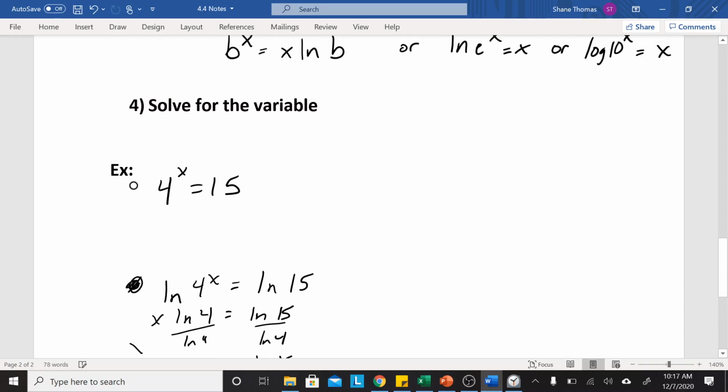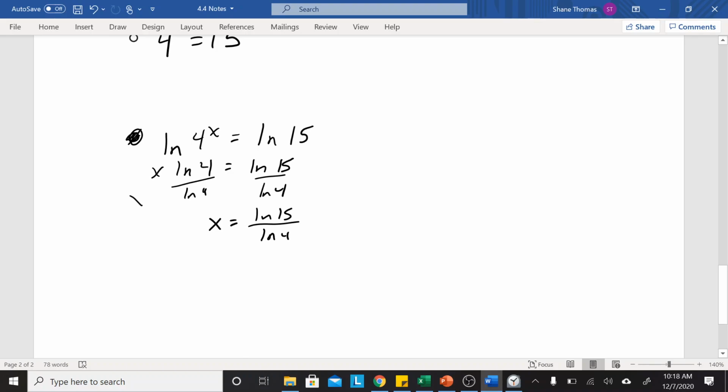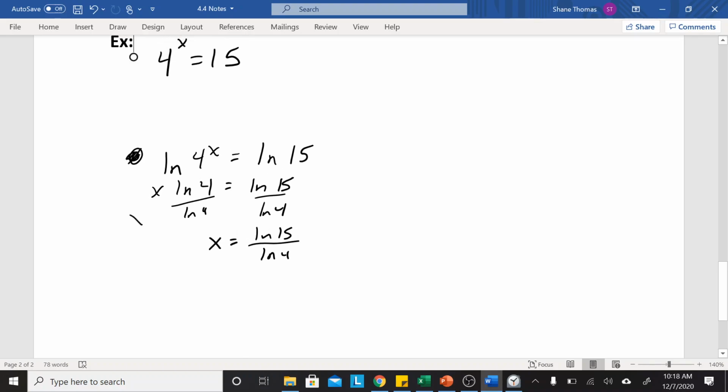All you have to do is plug it in a calculator. That's going to be about 1.95. We should see that too: it's asking 4 to what power equals 15. Well, 4 squared is 16, so it would be a little bit under 2.